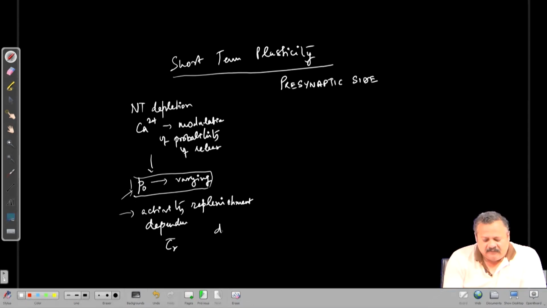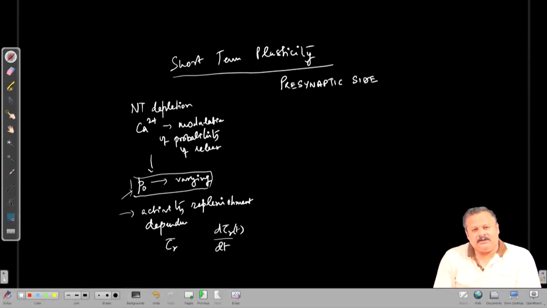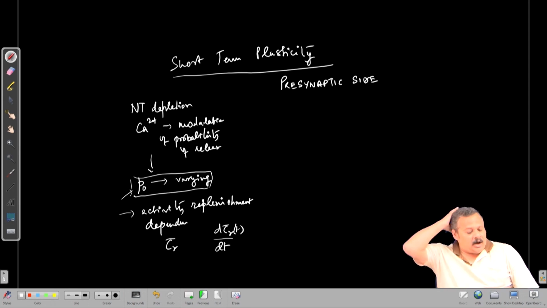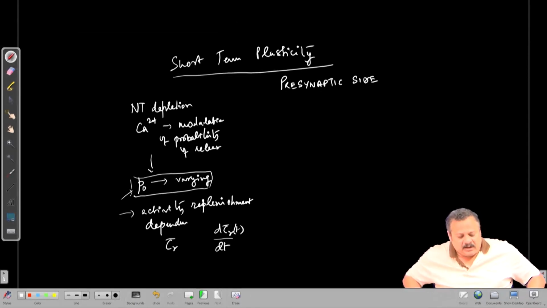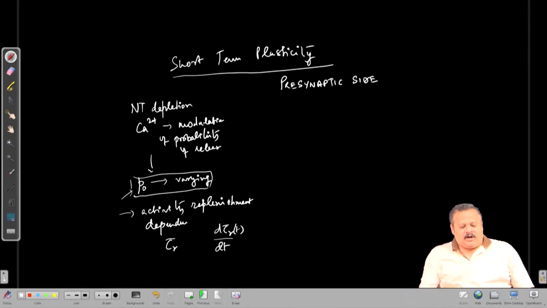So, basically we have a differential equation with d tau r dt, and tau r is now a function of time, and this tau r varies based on activity, and there is a lot of evidence about how with very strong activity the replenishment actually becomes faster, and the mechanisms of them are moderately understood.